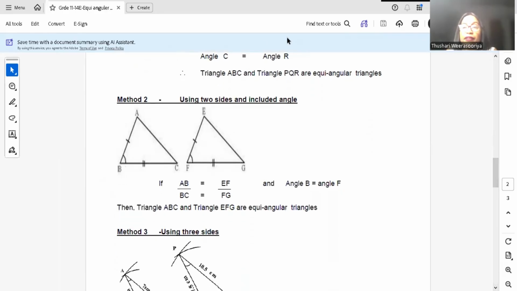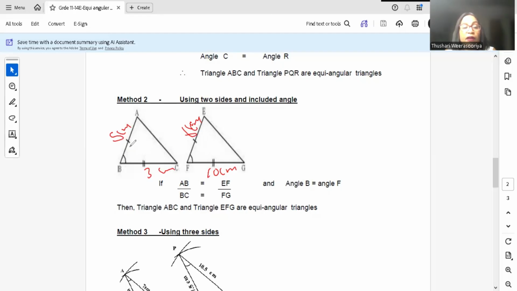Look at this. Actually, this diagram says equal, that's wrong. Different lengths should be there. We'll say 5 centimeters and this is 3 centimeters. And this is, we'll say 6 centimeters. Now, the 2 included angles are equal. That should be equal.